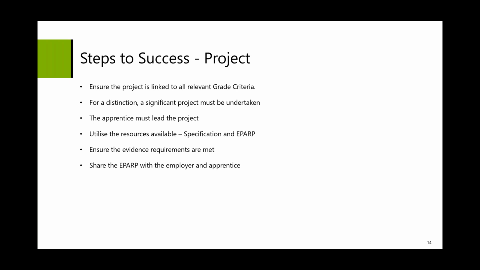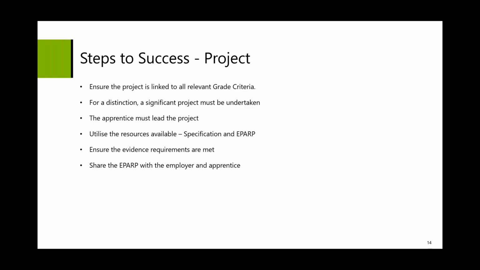Now, the idea behind the EPAP, the EPA resource pack, is that it can be shared with the apprentice and the employer. There are already EPAPs being used for some standards, including customer service, and when version 3 comes out shortly, the resource pack can be shared with the apprentice.